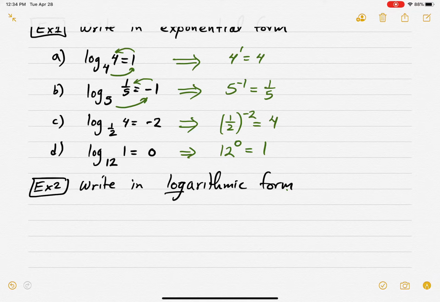We use log for short for logarithmic, and so here we go. How do you write 2 to the fifth power equals 32 in log form? And how do we write, say, 10 to the second power equals 100?